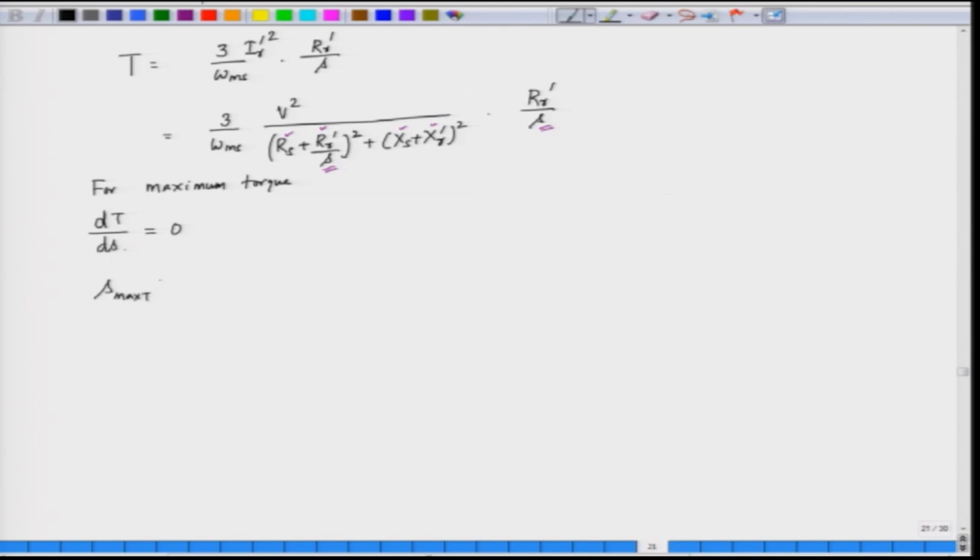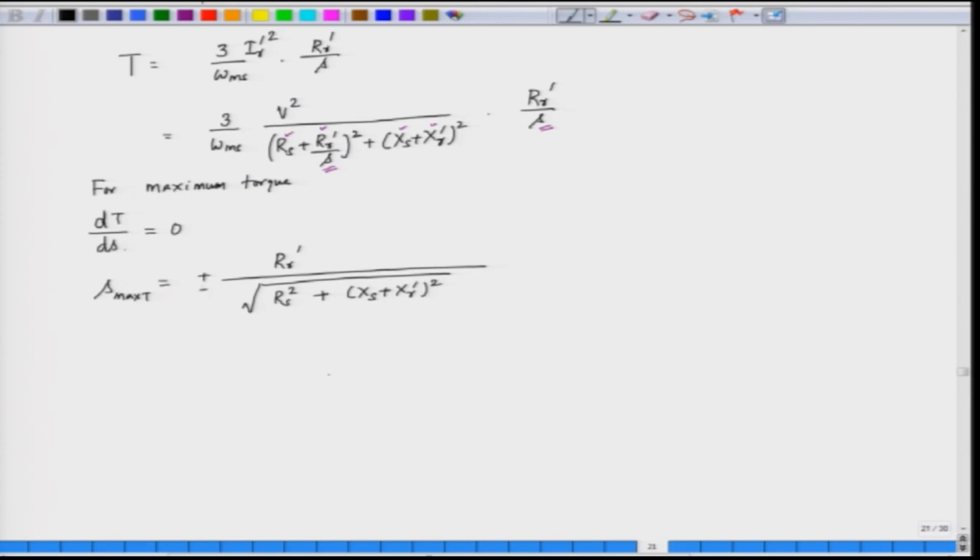Slip for the maximum torque is given as s_maxT, which is equal to R_r' divided by the square root of R_s squared plus (X_s plus X_r') whole squared, and this could be plus or minus.